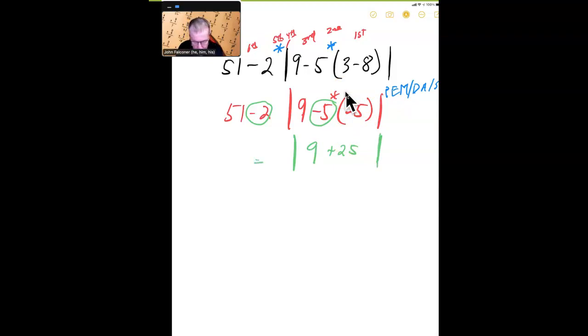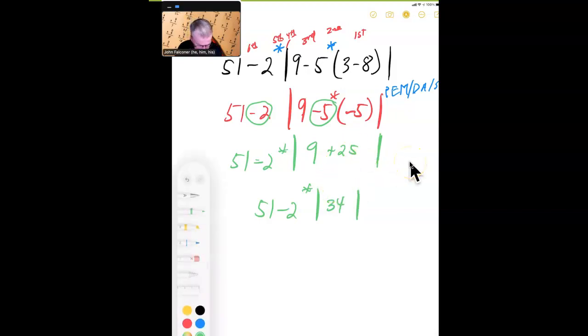And then there is this negative 2 times whatever's in the brackets. And we're subtracting that from 51. Okay. And then, so now we're working inside these brackets. 9 plus 25 is 34. Bring those brackets down. This is going to be multiplication. We've got 51 minus 2.